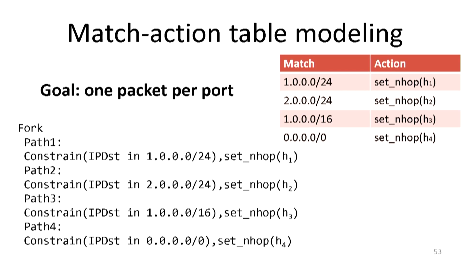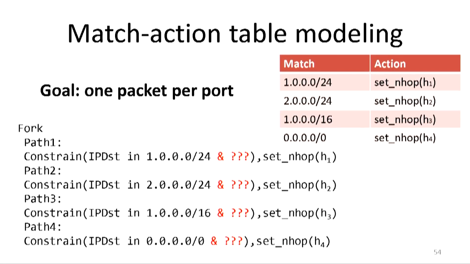Because if you look at the 4th path, the one belonging to the default route, this will be taken by any packet. So we need to make sure this strategy is correct. So we need to add some more constraints to make this correct. But we don't want to add the n squared number of constraints. So we need to find the optimal number of constraints, and we would like to do it quick enough.